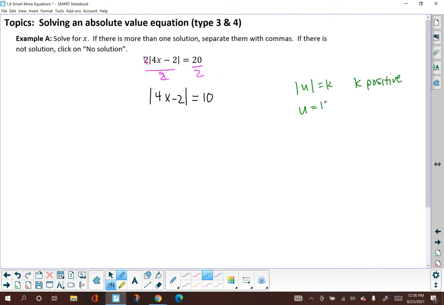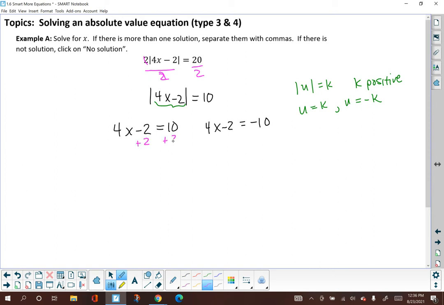Either u is equal to k, or the other solution is u is equal to negative k. So we have 2 possibilities, where u is the stuff inside. So 4x minus 2 is equal to 10, and our other possibility, 4x minus 2, might equal negative 10.